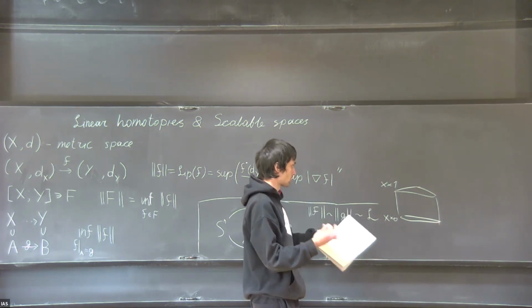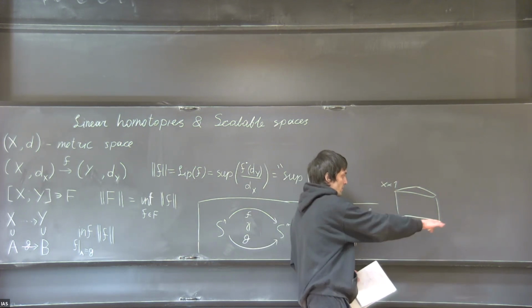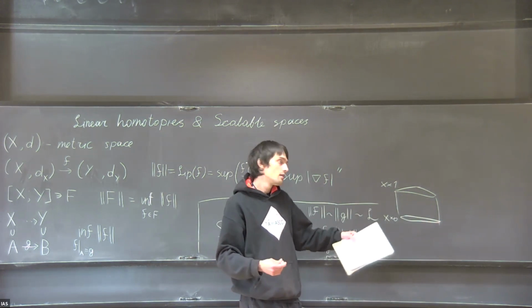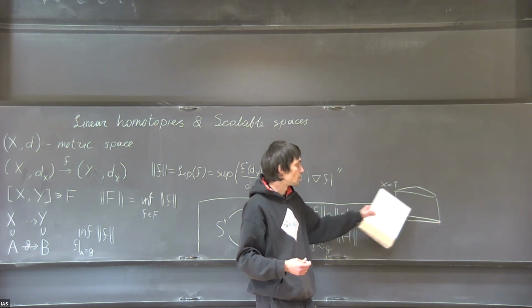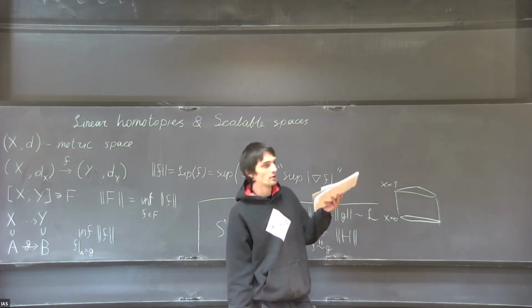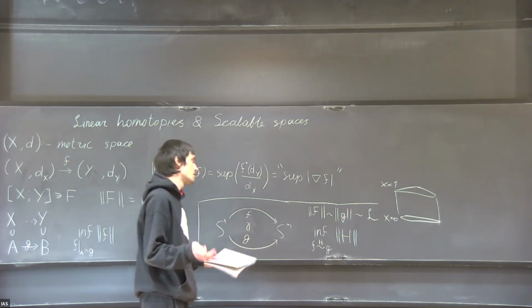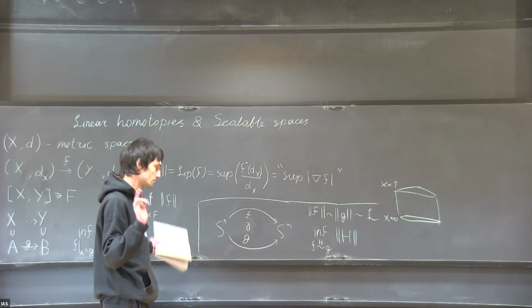And here you have different directions: a space-wise direction and a time-wise direction. So you can separate the Lipschitz constant into a derivative in the space direction and a derivative in the time direction. You can trade them in different ways, and sometimes you can get more by sacrificing the other.